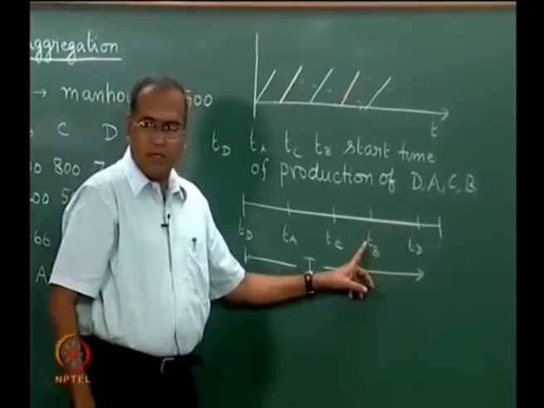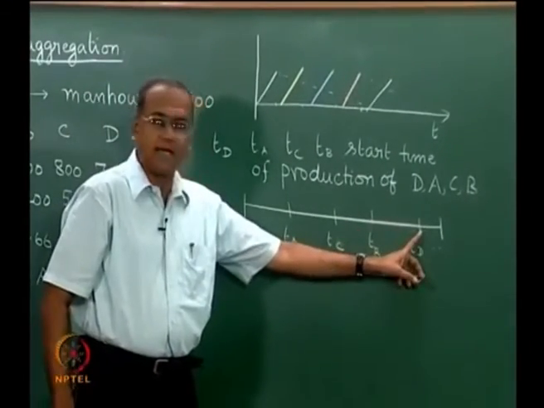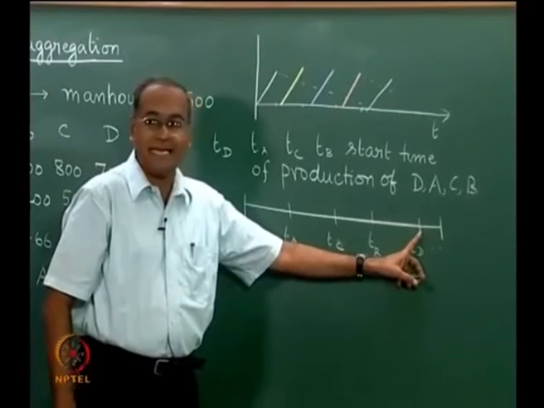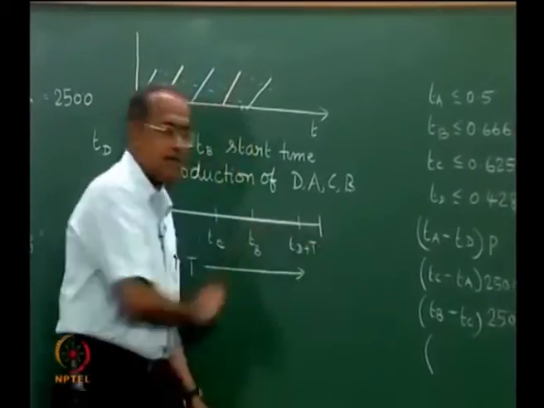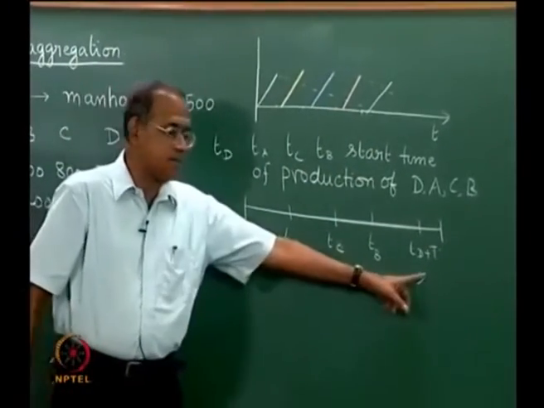if this is Tb, we start producing D again here. So, this is not Td, but this is T plus Td, because the cycle has come here.